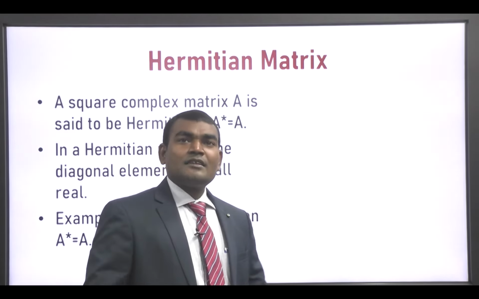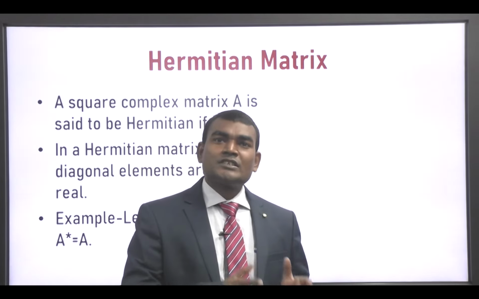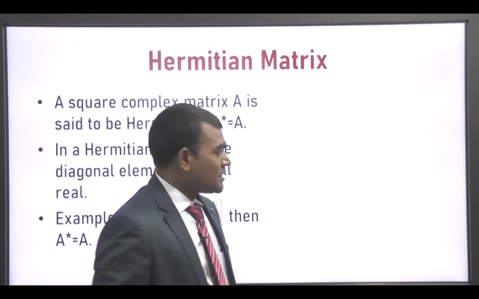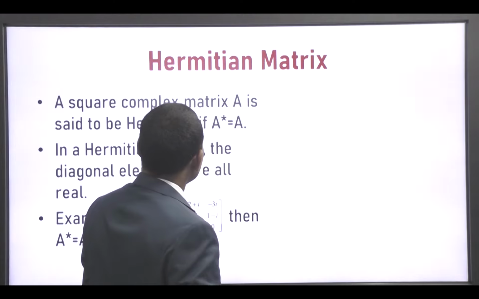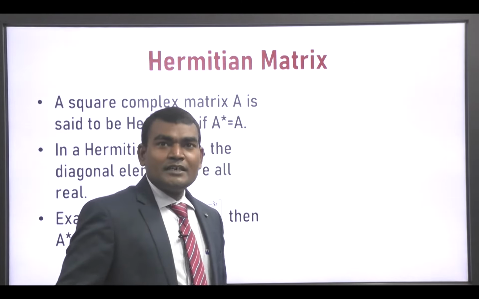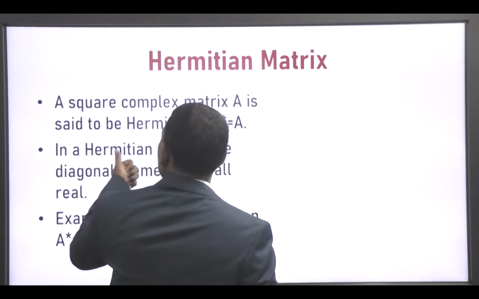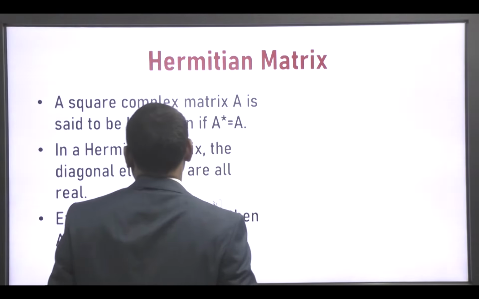Now, on the basis of the transposed conjugate of A, there are two definitions. First is the Hermitian matrix and second is the skew Hermitian matrix. First we will see the Hermitian matrix.